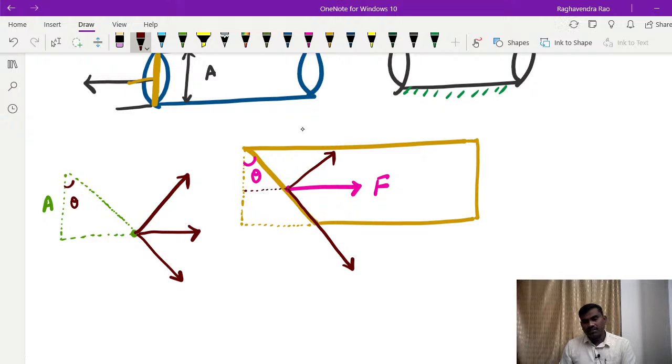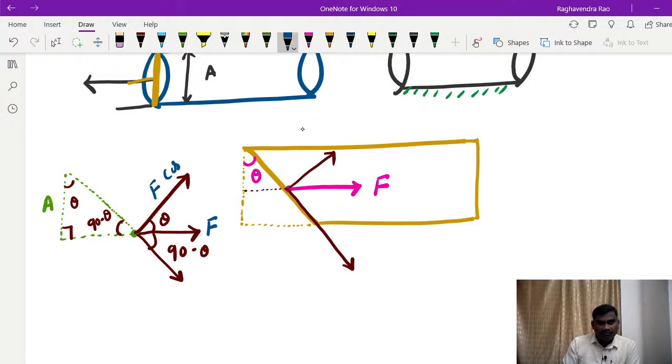Now this is theta, this is 90, so this will be 90 minus theta. The opposite angle is 90 minus theta, so this is theta. Now this is force F. As this is theta, we can take this as F cos theta and this is F sin theta.